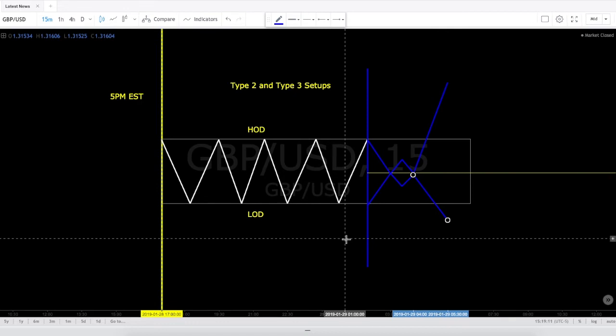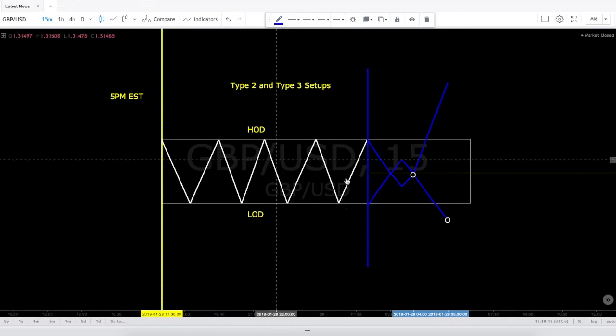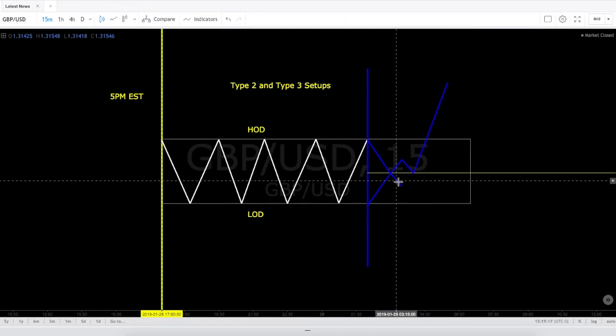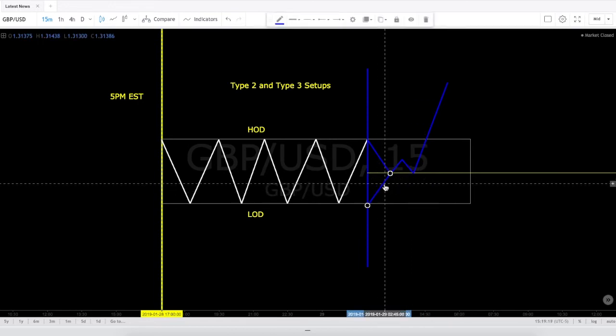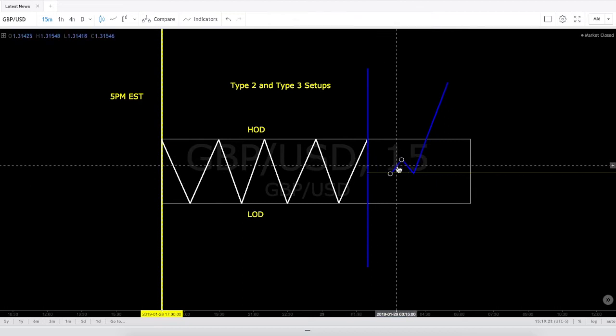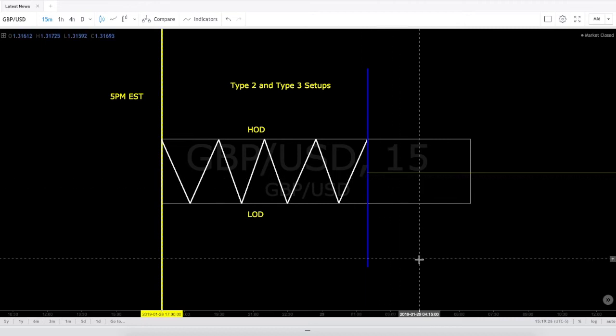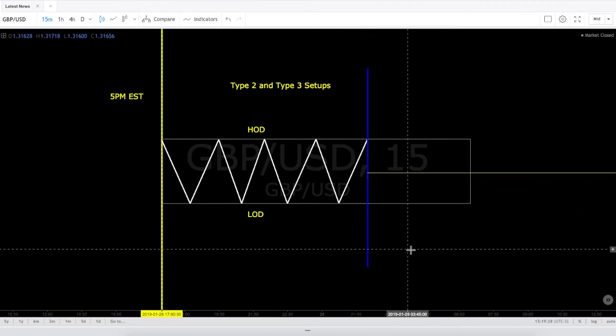Okay, now same kind of priority: it doesn't have to be an M or W. It could be price action that jumps into a star formation. It creates a star formation here and goes down, or it could be railroad tracks as well. The main ingredient is that it's happening in the middle of the Asian range.